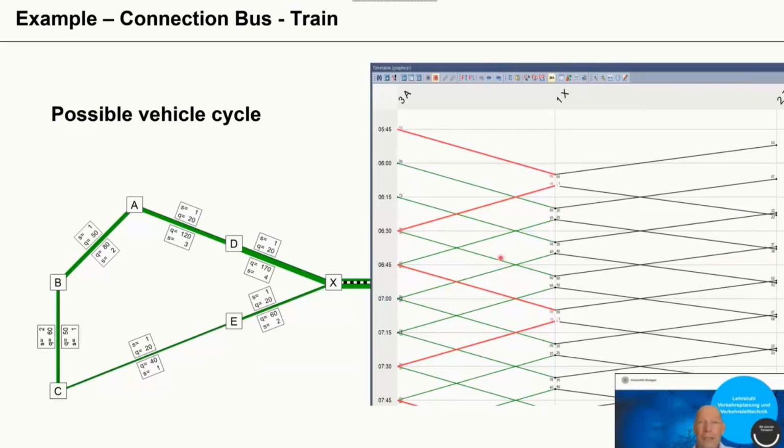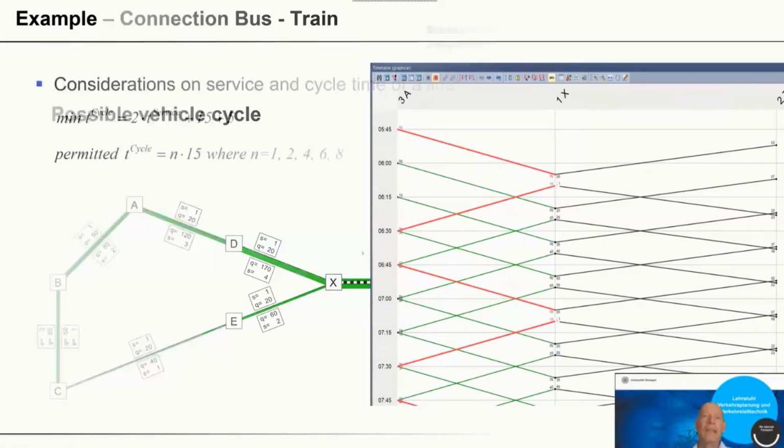You could serve this service directly back, and then this one, and only around 9 o'clock, when we probably go back to a different headway, then you schedule your first driver break. But this is something you can decide later on in vehicle scheduling. For my basic vehicle schedule, I assume this pattern.